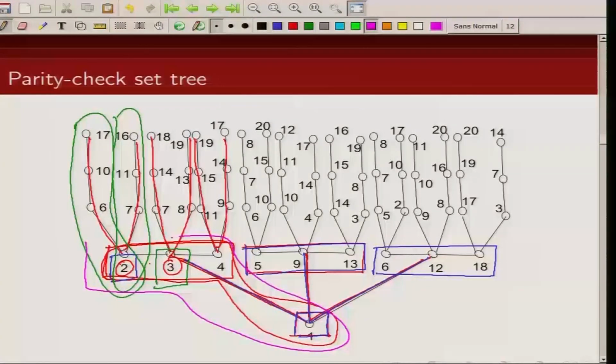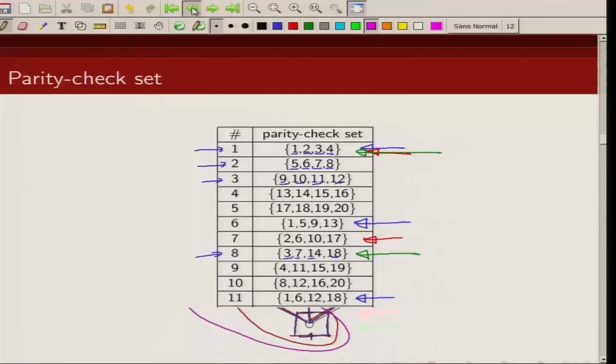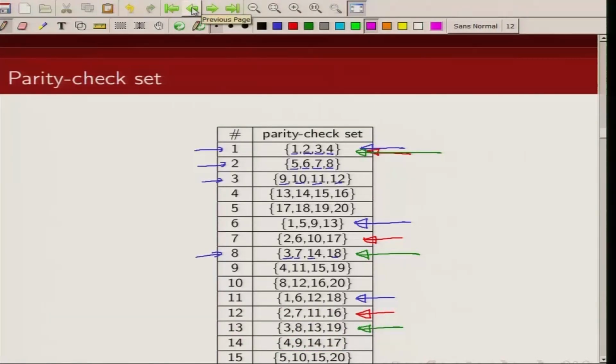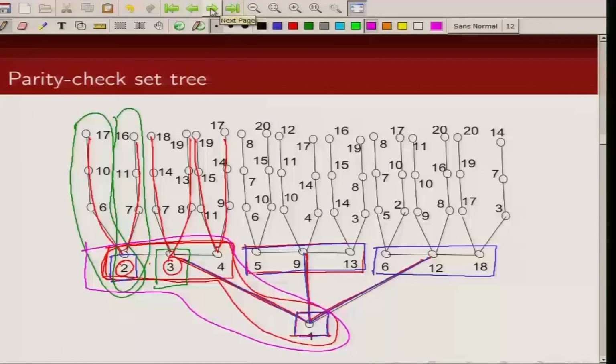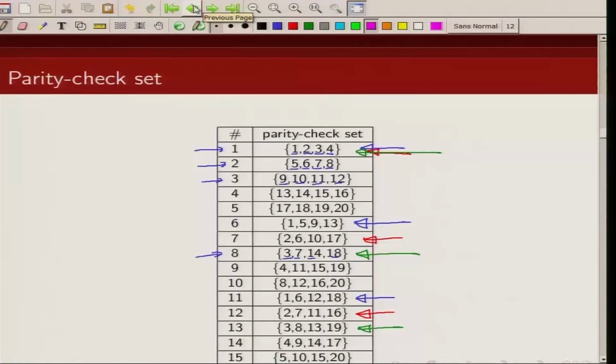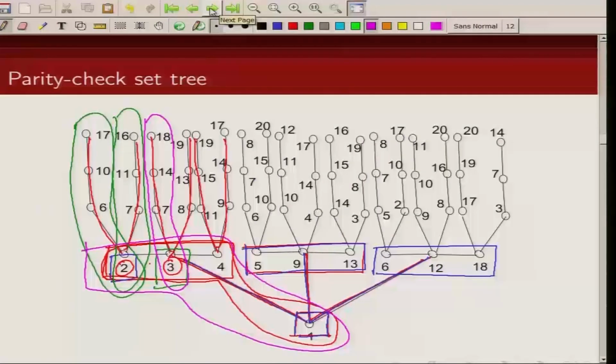So what are the other 2 parity check sets? The one involving 3, 7, 14 and 18, that's this one. And the other one is 3, 8, 13 and 19. So this is this one.